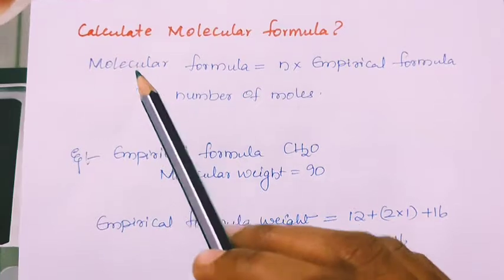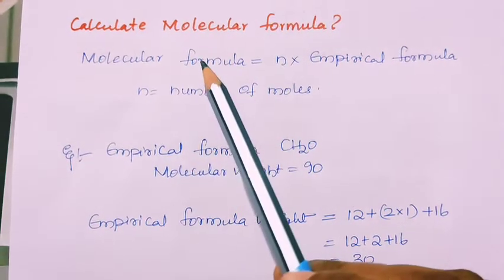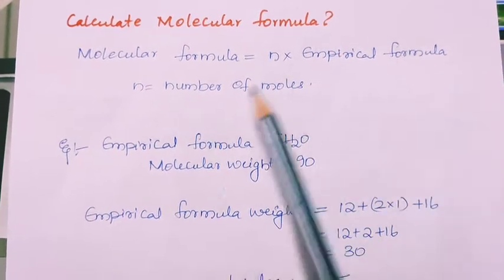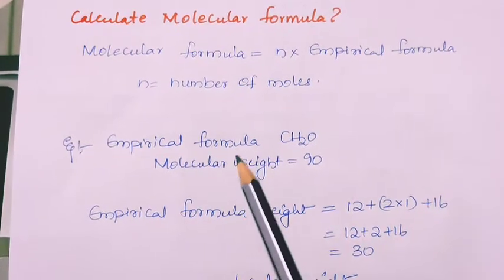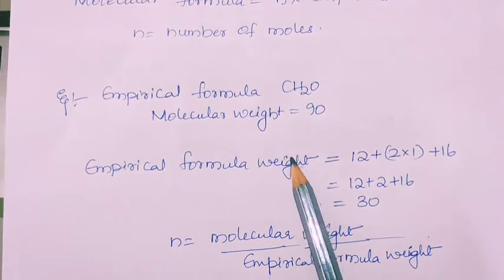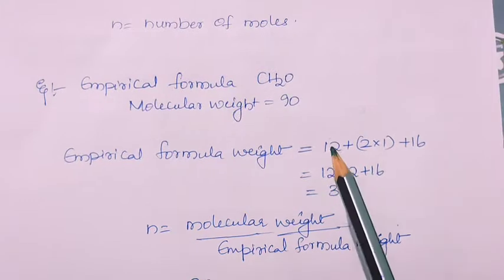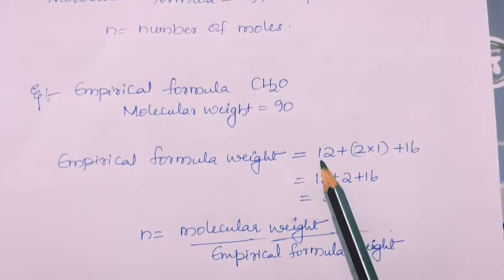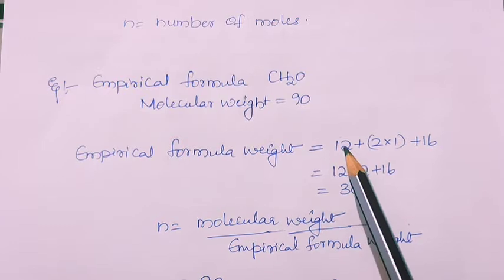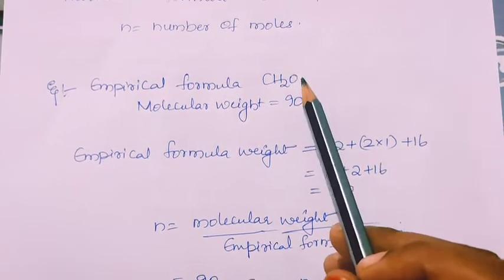Next we will see how to calculate the molecular formula. For calculation of the molecular formula, number of moles into empirical formula. If the empirical formula is given and the molecular weight is given, we will see how to calculate the number of moles and molecular formula. Here this is the empirical formula: carbon 12, 2 atoms of hydrogen 2 into 1, and oxygen 16.